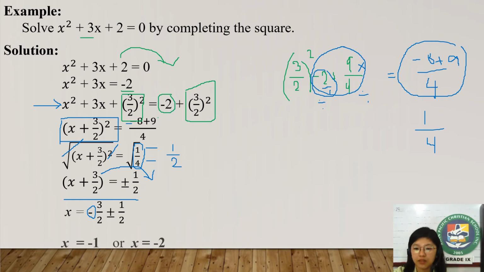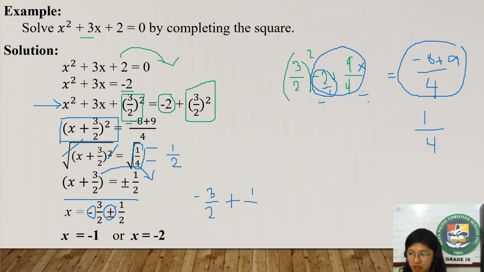Ayan. Then, para isolve natin sila, so, iseparate natin yung positive and negative. So, first, we have negative 3 halves. Okay, wait. Erase ko. Ayan. We have negative 3 halves. Sa positive muna tayo. Plus 1 half. So, since same denominator or similar fractions, negative 3 plus 1 will be negative 2. Then, copy denominator.